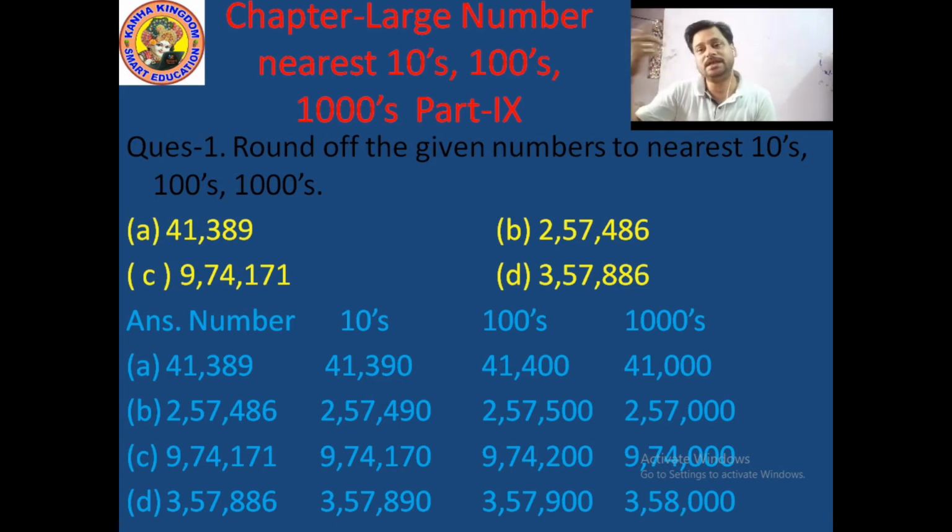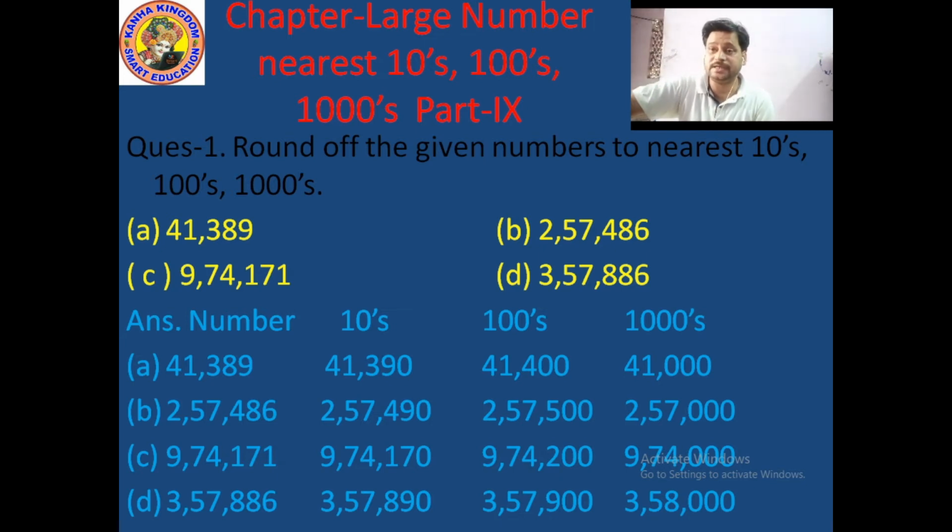Because 6 is greater than 5, 6 is converted into 0, and you add one to the tens place. Which digit is in tens place? 8 in tens place. So you add 8 plus 1 equals 9. That's why the exact answer of this part is 2,57,490.